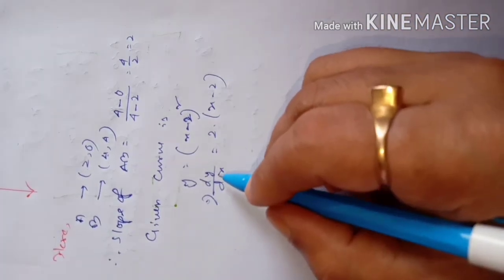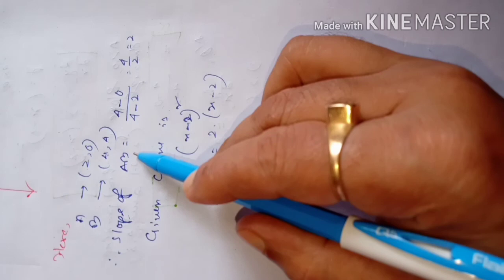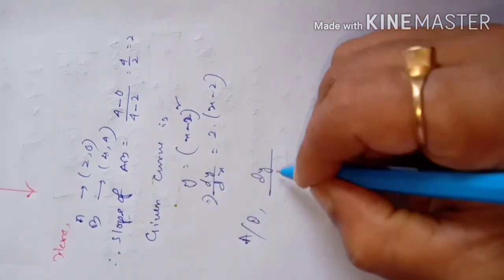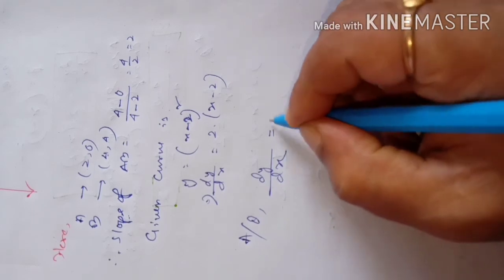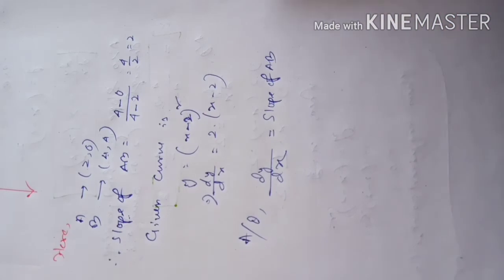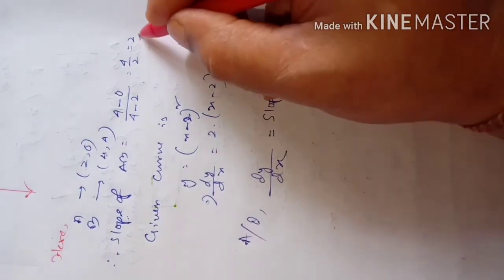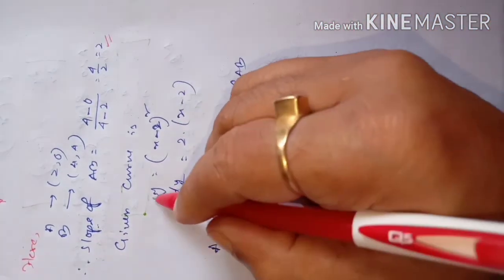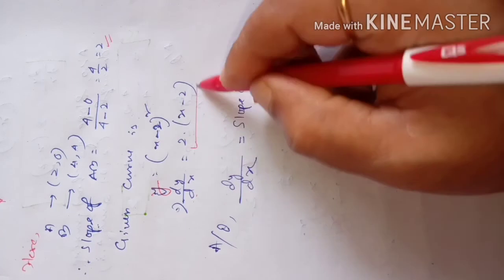This slope must be equal to the slope of the chord AB. According to the question, dy by dx must be equal to the slope of AB. The slope of AB is 2, and the slope of the given curve is 2 times x minus 2.